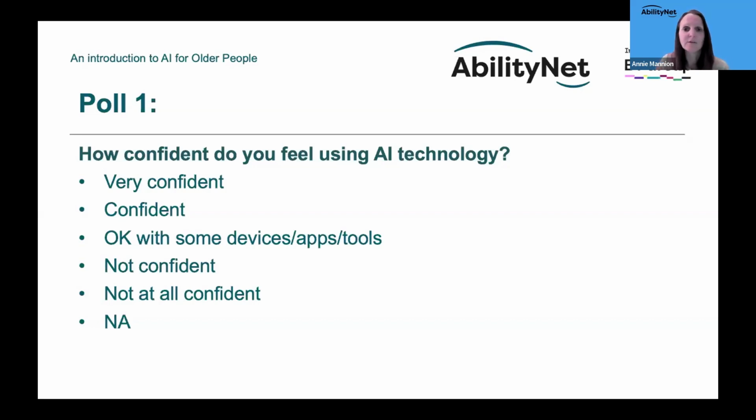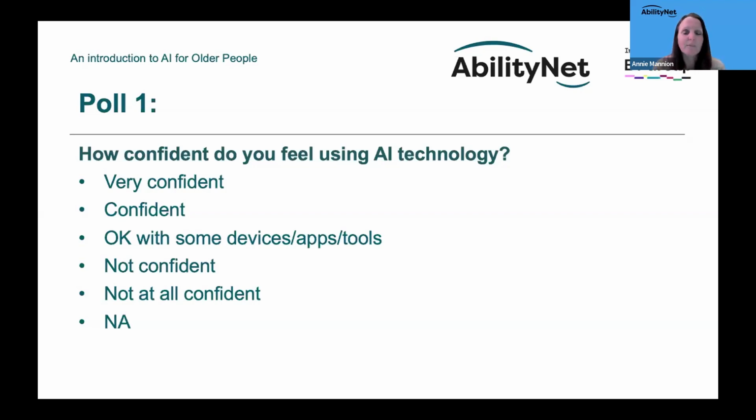Sharing the results, we can see that the most responses, 42% of you, are okay with some devices, apps and tools. Then the next one down is not confident, that's 32%. 16% of you are not at all confident. We've got 8% confident and then 2% not applicable.